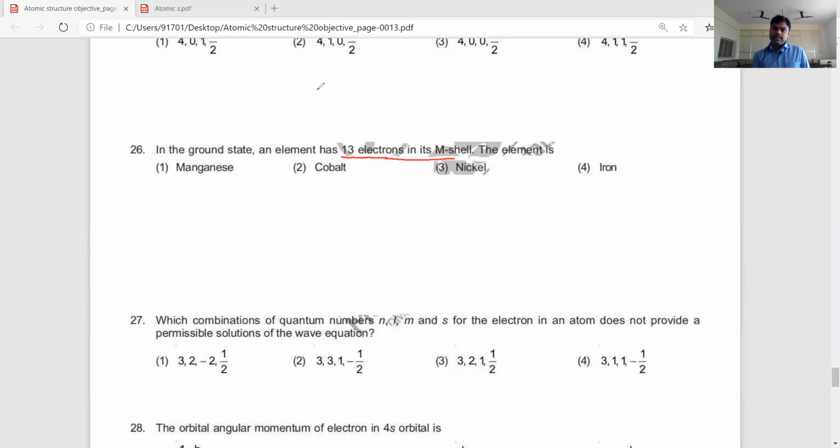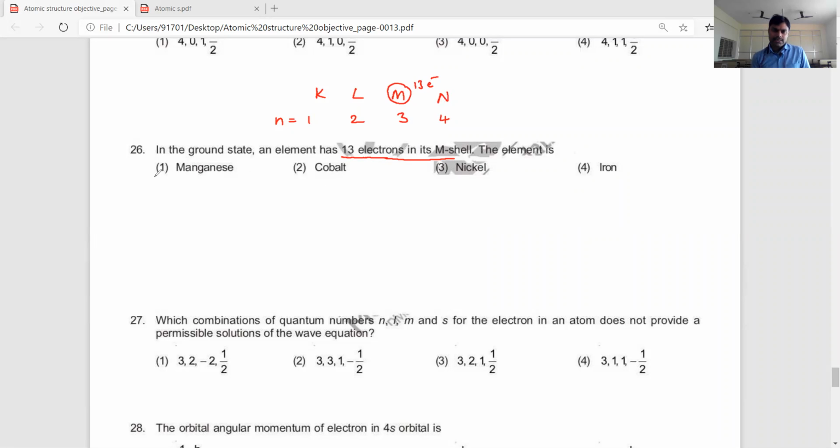We know K, L, M, N shells like this. K shell means n is equal to 1, L shell means n is equal to 2, M shell means n is equal to 3, N shell means n is equal to 4. In the M shell, n is equal to 3, which atom contains 13 electrons in the given options?